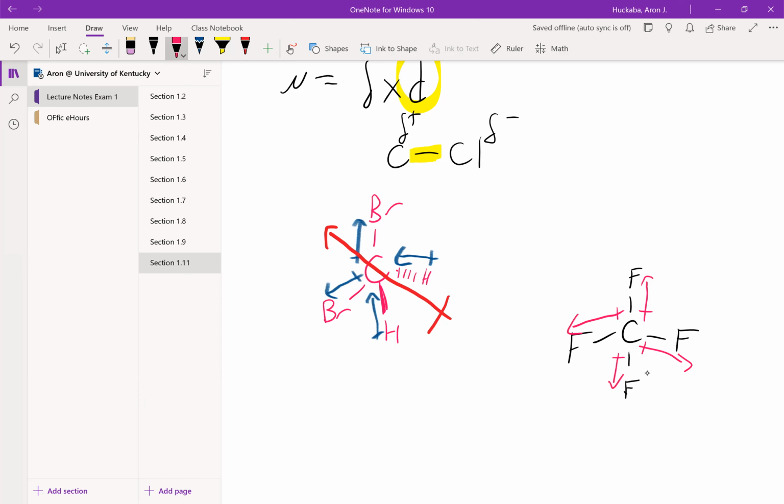And while this should be very strong and there should be a very high dipole moment, if you notice, this dipole that I've just highlighted and this one cancel each other out. They're equal magnitude going opposite directions. Also, if you notice, this dipole and this dipole cancel each other out.